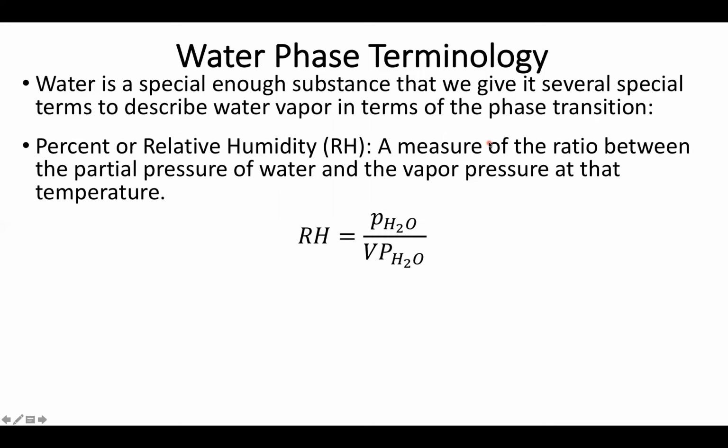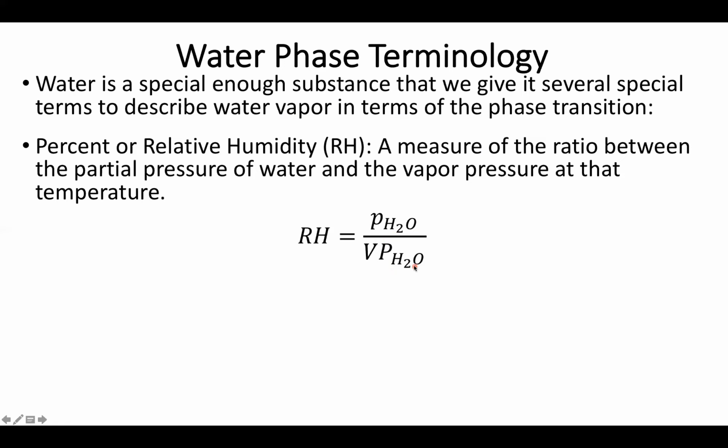So one of the most common you've probably heard about is percent humidity. Scientifically, we often describe this instead as a ratio, as relative humidity. The way you can describe relative humidity is the current partial pressure of water over the vapor pressure or equilibrium pressure of water. And simply you'll just take the ratio of these two. So the current pressure has to be obtained from a measurement.